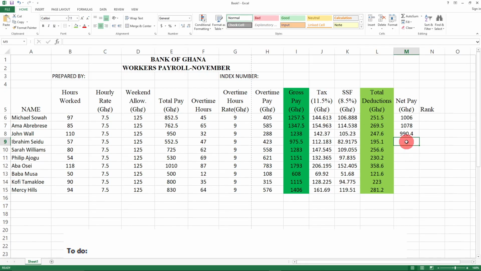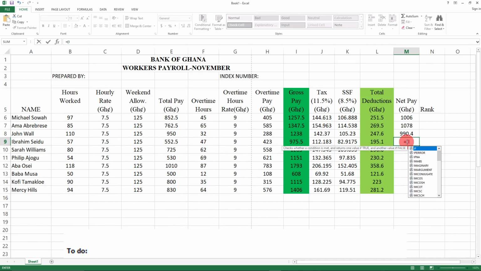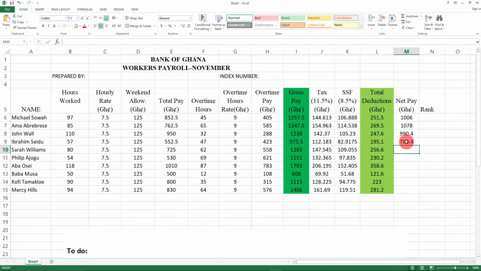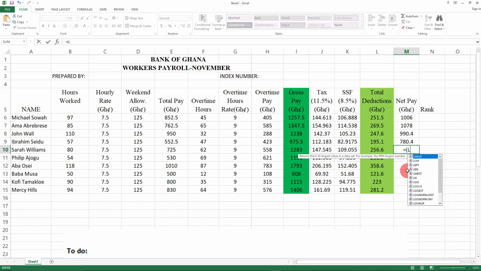We can do the same for Ibrahim. Let's see the amount that Ibrahim will be going home with. So I9 minus L9. Okay, so Ibra will be going home with 780.4. Let's see for Sarah. So Sarah is I10 minus L10.